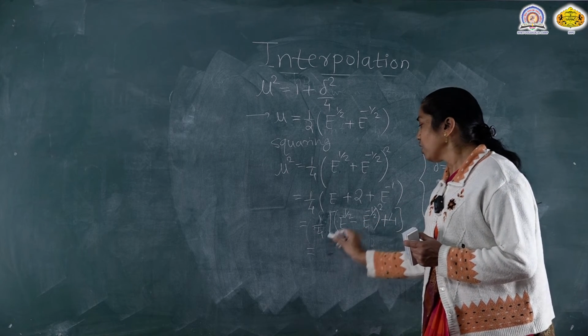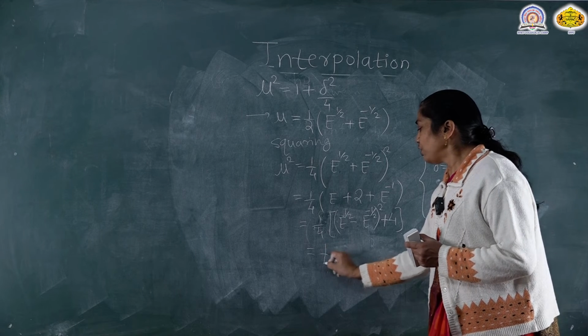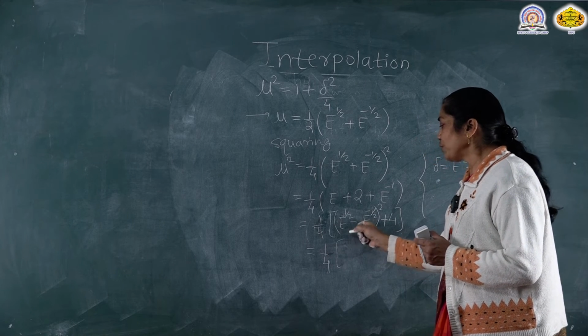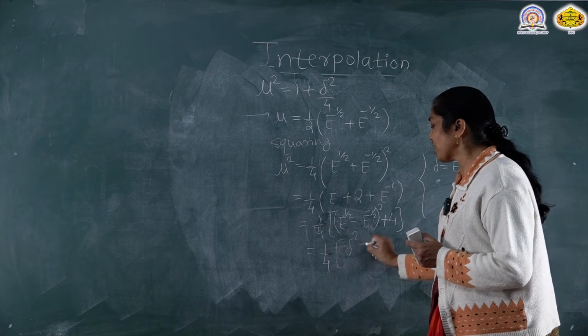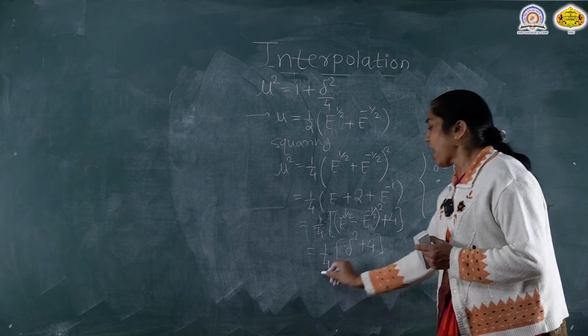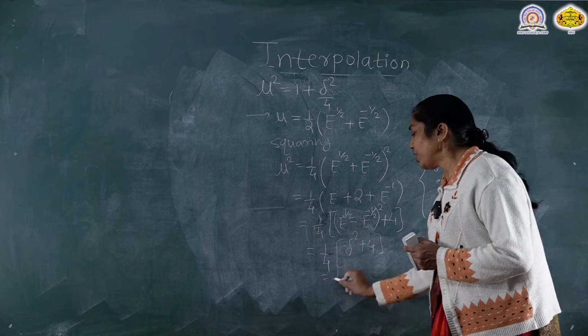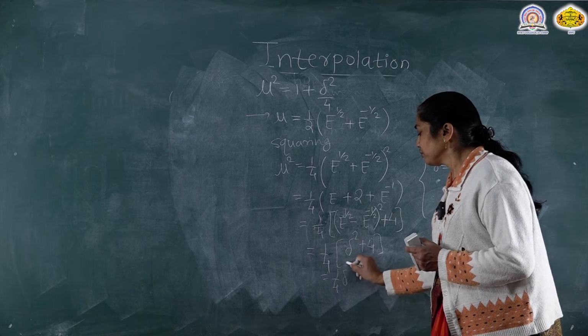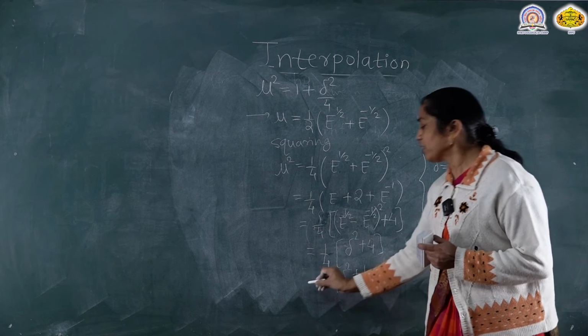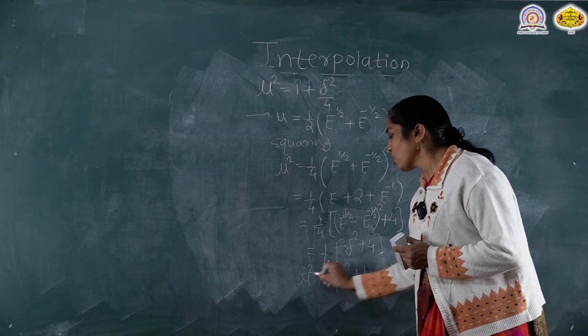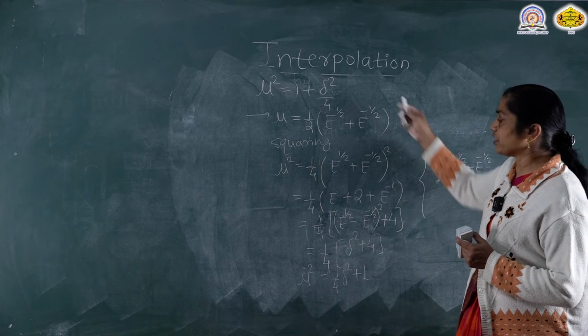So this is 1 by 4 times, and this formula is nothing but the formula for delta. So it becomes delta square plus 4, and we get 1 by 4 delta square plus 1. So the formula for mu square comes to be 1 plus 1 by 4 delta square, or delta square by 4.